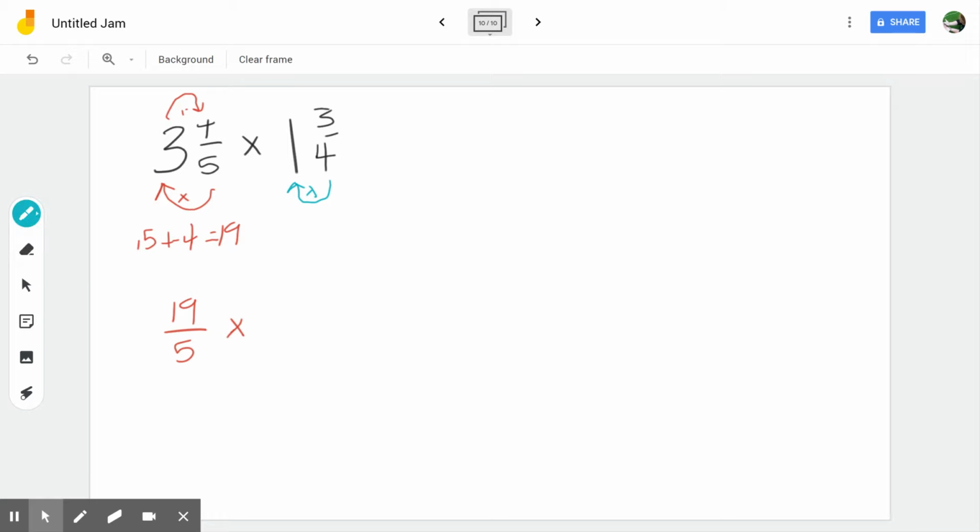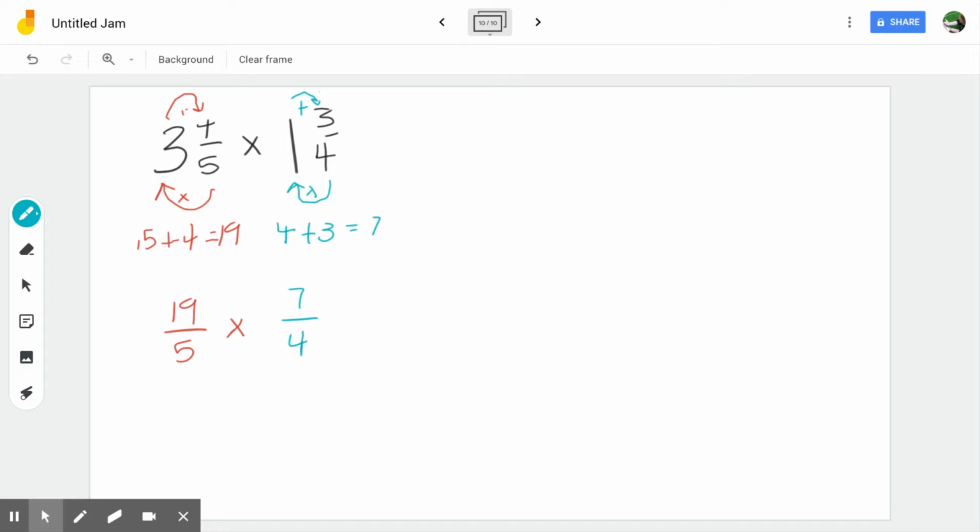Let's try this one more time. 4 times 1 is 4. There we go. And then 4 plus 3 is 7. Okay, so now we have 7 as our new numerator, and we have fourths as our denominator.